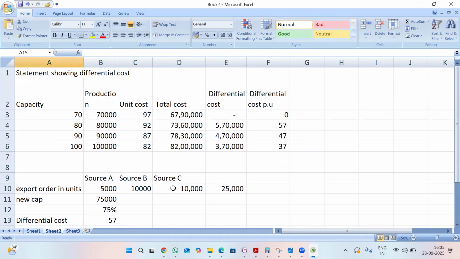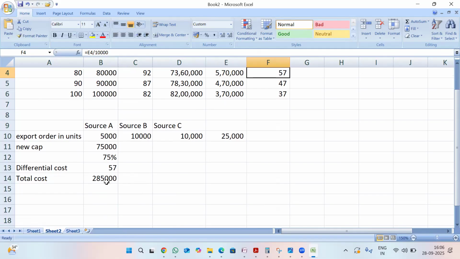See, now my company moved from 70% to 75 percentage capacity. So that means I would have been operating at 92 rupees; my unit cost will be 92. So my differential cost will be 57 rupees per unit. That's why this calculation is required. So my total cost is around 2,85,000.